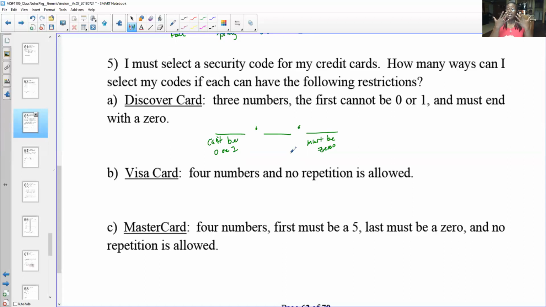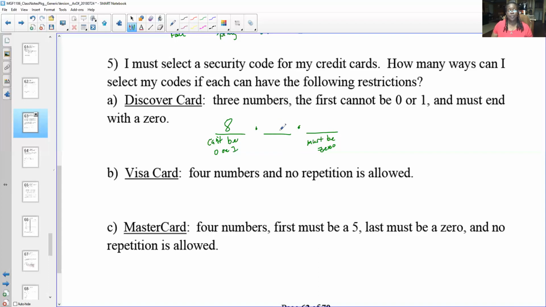So 10 counting digits. We have to count 0 because 0 is a number, okay? So the first one can't be a 0 or 1. So if we have 10 counting digits, but we can't use 0 or 1, that means that we only have 8 left to choose from.